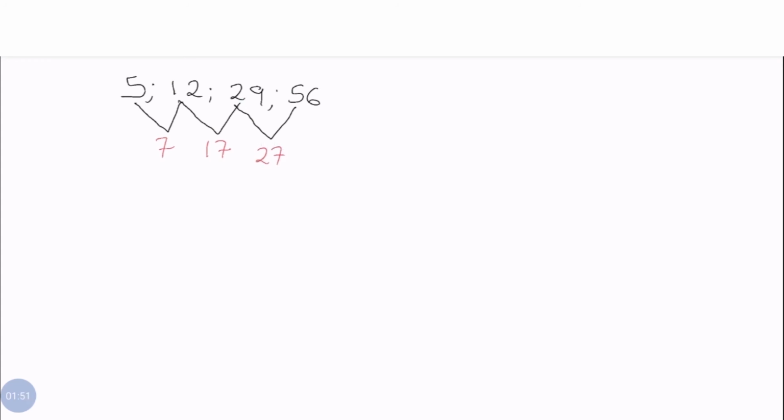So now we have the first differences. The question requires us to prove that as the pattern continues, it will always give us odd terms. We know that 7, 17, 27 are odd numbers, so we should prove that we will always get odd numbers as we continue with this pattern.